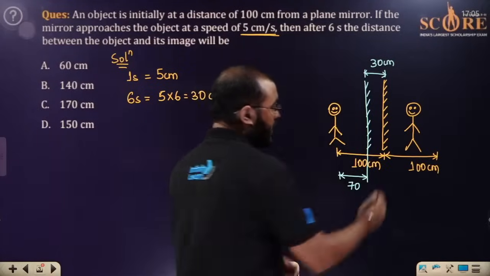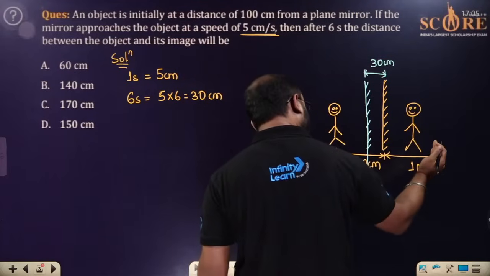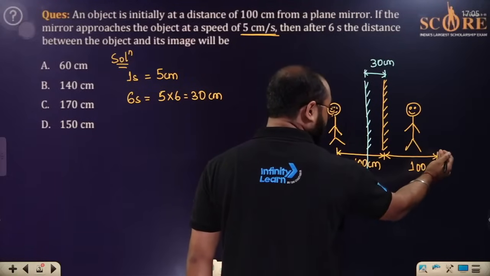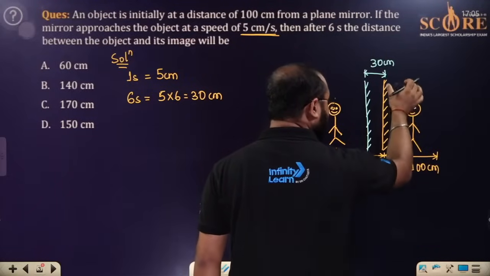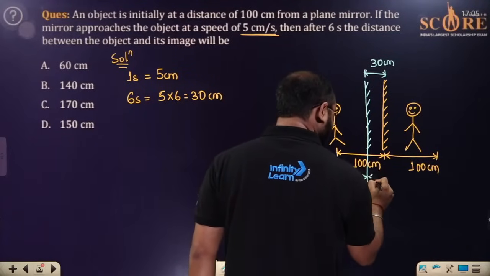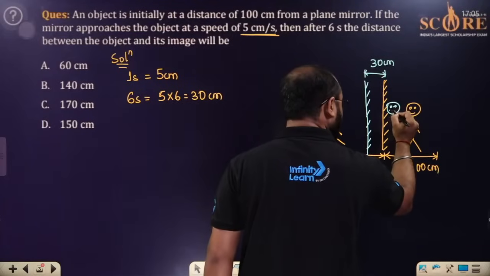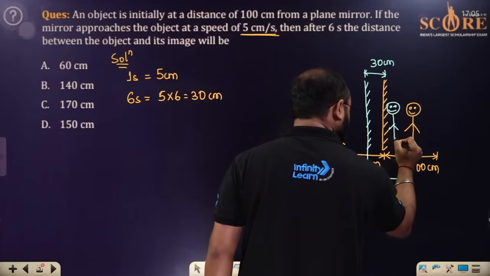If it is 70, the image also shifts 30 more, so the image distance is also 70. Getting my point?